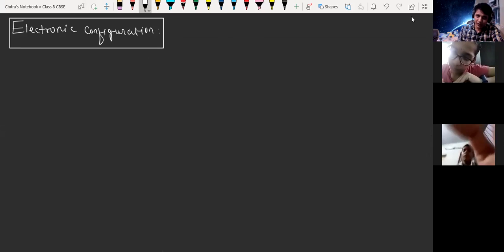So first we have to discuss what is electronic configuration. So electronic configuration is nothing but the distribution of electrons. So I'm writing the definition here.